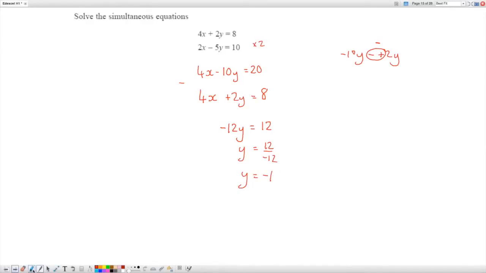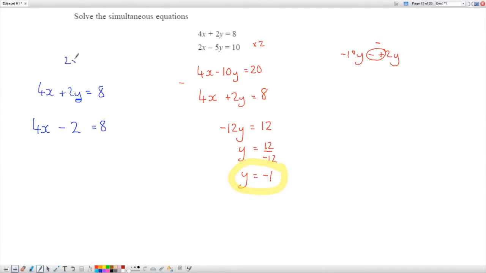Once we have found the value of one variable, in this case y, we must substitute back into the original equations, not any of the ones that we have changed, such as here. So let's take our first equation, 4x plus 2y equals 8. We're now going to replace our y by minus 1. So we have 4x minus 2 equals 8.